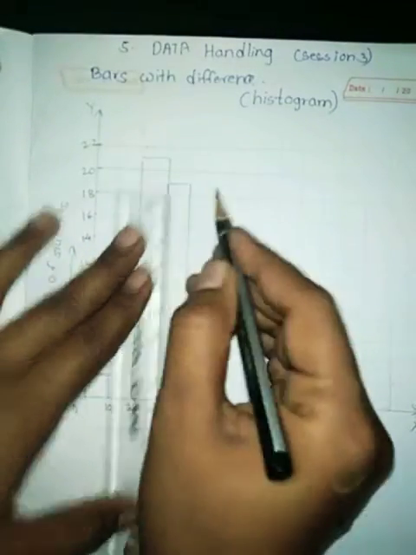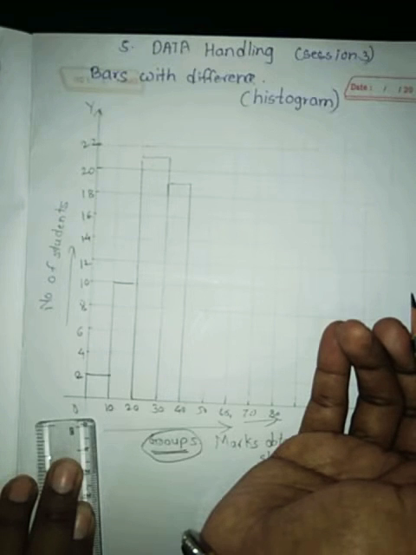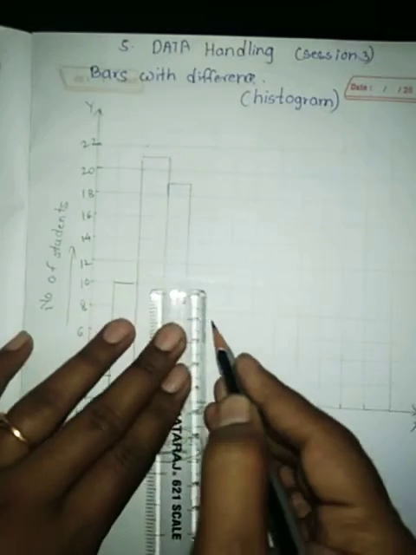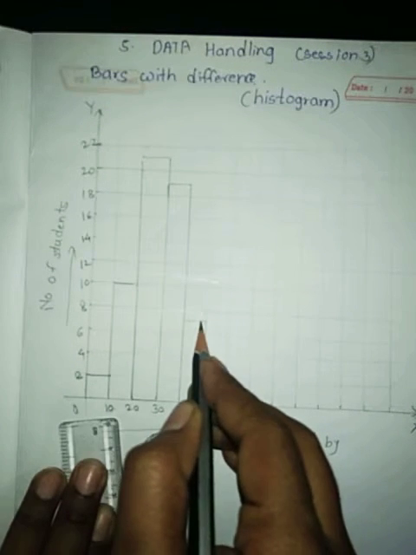After 4 lines, the fifth line is somewhat darker than the other lines, and there you have to go for 19. Then 40 to 50, 7, so 7 is here, at the fifth one. The fifth line is somewhat darker, and there you have to go for 7.